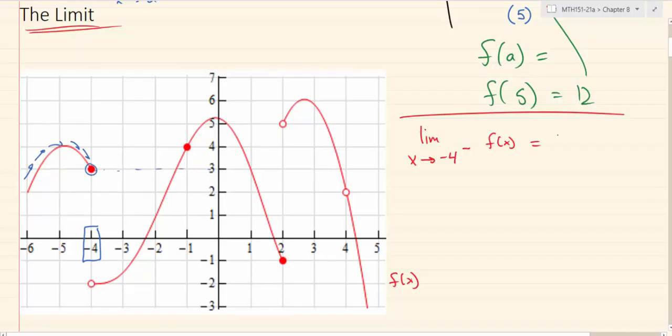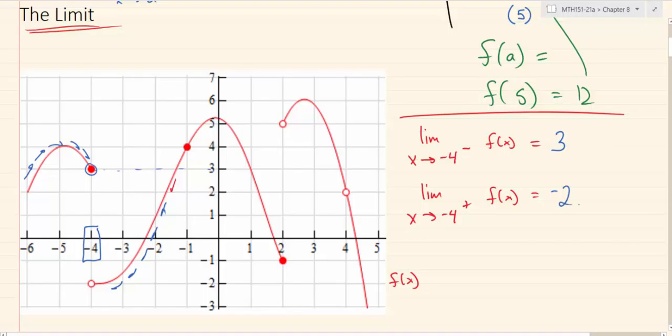Yep. So we'll say this is equal to 3. What is the limit as x approaches -4 from the right of f of x? So now, as you're traveling along this function, coming in from the right, what value does the function approach? -2.